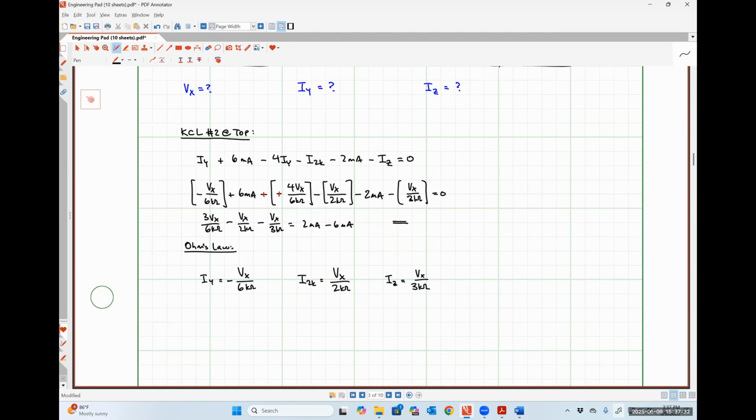I'm going to throw this into the numerical solver on my calculator and solve for that voltage Vx. So give me just a moment to enter that.